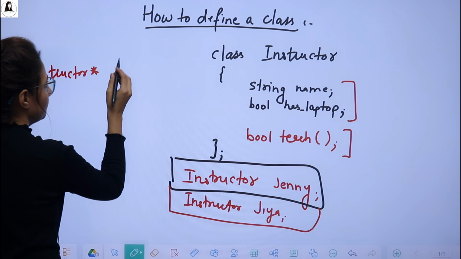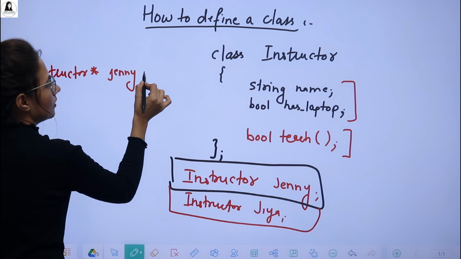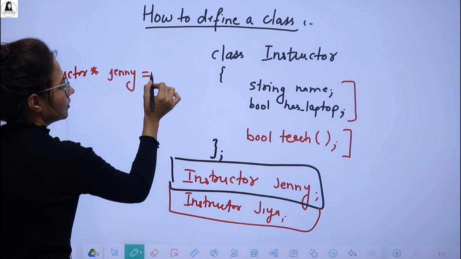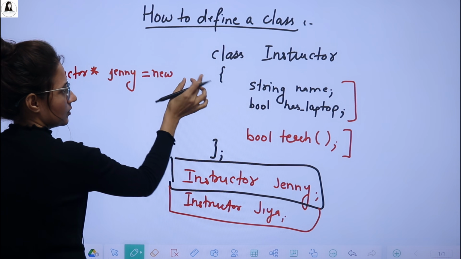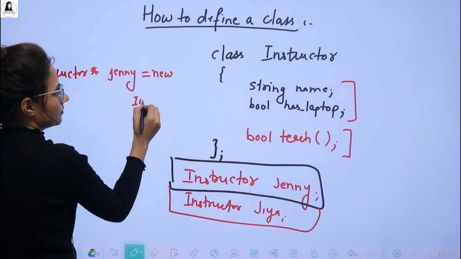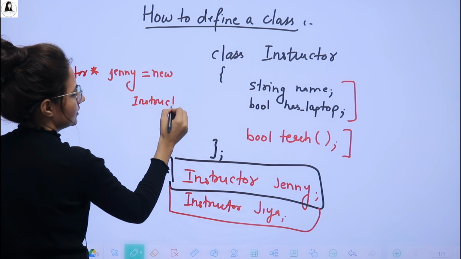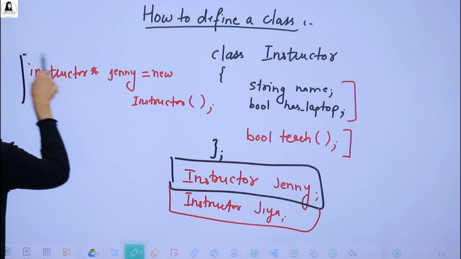Here the name, suppose I am going to create Jenny, equal to new. After that, after new I'm going to write the name of that class, again Instructor, and with this. So this is the second method.